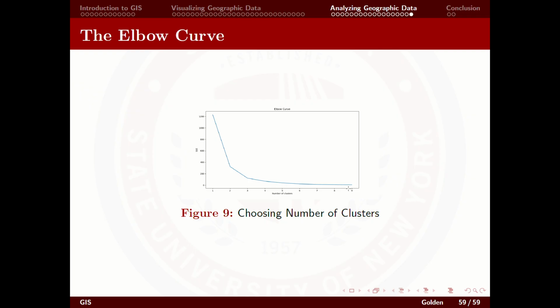And in the asymptotic case, if every cluster is 1 data point, you have a 0 sum of squared errors. So you want to look at how far this goes to minimizing sum of squared error.